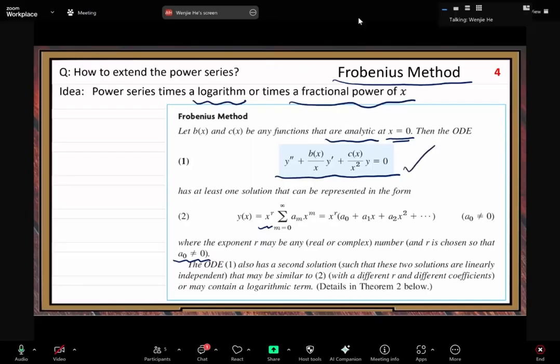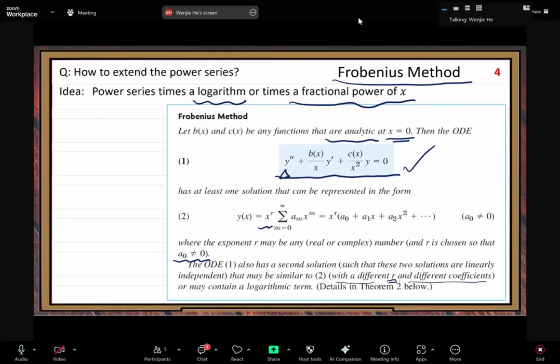The ODE also has a second solution such that these two solutions are linearly independent, because for a second order equation there are two linearly independent solutions. That may be a similar form, but with different r and different coefficients. For the second one, you also need to determine r.